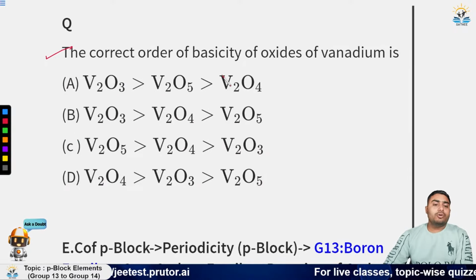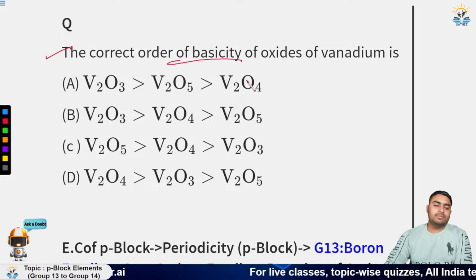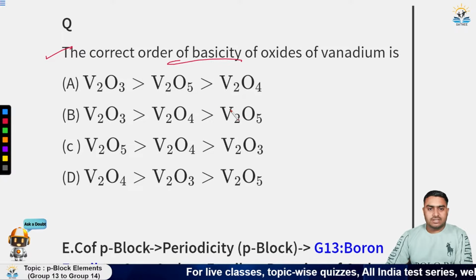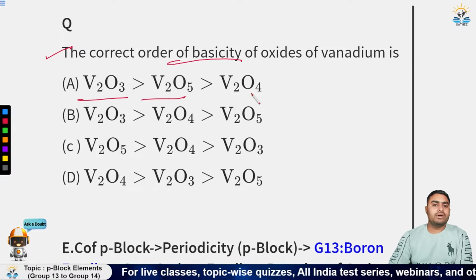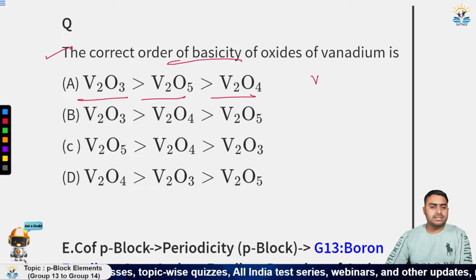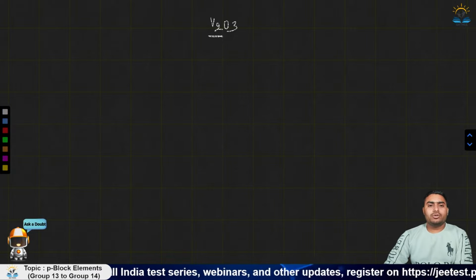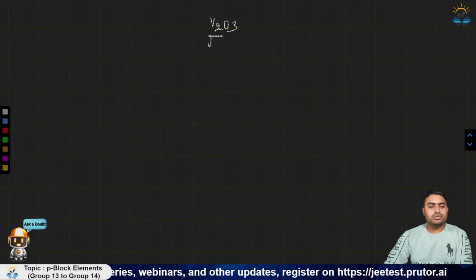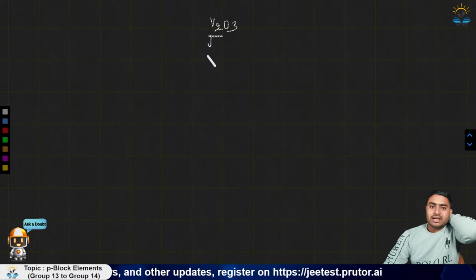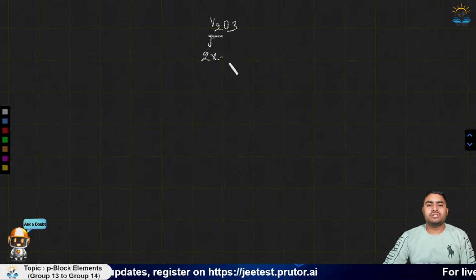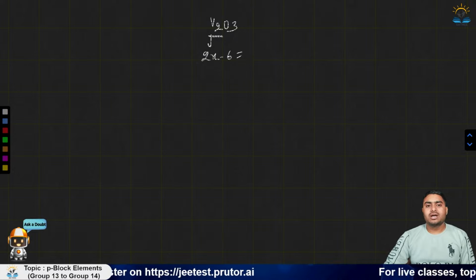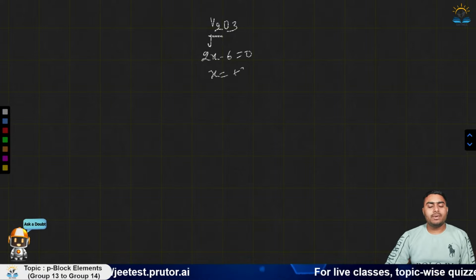The correct order of basicity of oxides of vanadium. This belongs to the oxidation states: V2O3, V2O5 and V2O4. If you want to calculate the oxidation state of vanadium, you can assume X. For V2O3, 2X, and for oxygen it is -2, 3 is -6, equal to 0, so X will be +3.